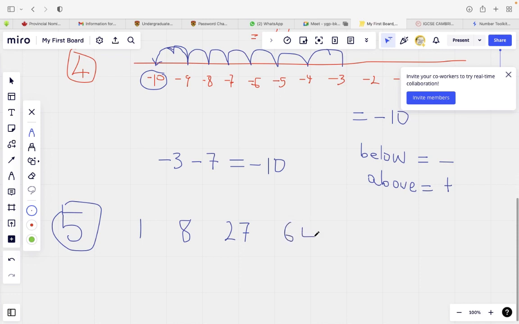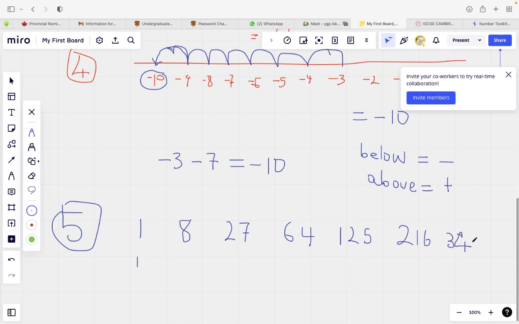See, these are cube numbers. 5 raised to power 3 is 125. 6 raised to power 3 is 216. Like that, in this order. All these numbers are called cube numbers: 1, 8, 27, 64, 125, 216. The next one is 7 raised to power 3, which is 343.